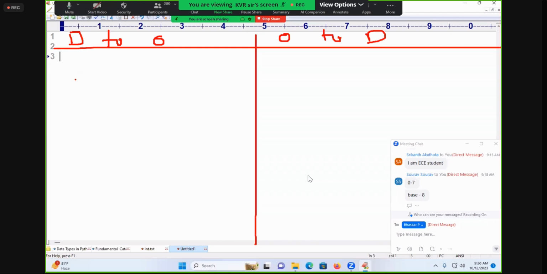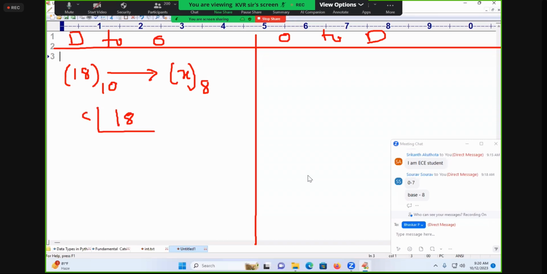So decimal, I am going to take first. Take the value 18, which is base 10, converted into what? Octal, base 8. Yesterday's class, I said binary conversion with base 2. So what is this now? 8 twos are 16.